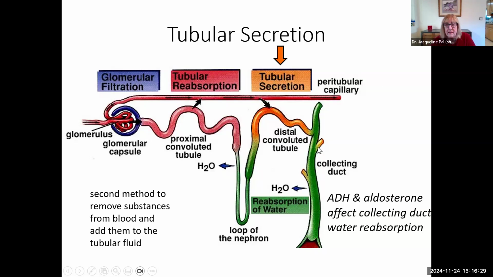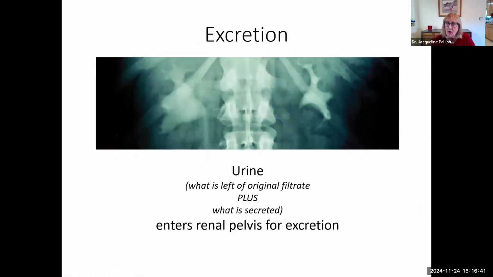Also, don't forget that ADH and aldosterone can affect the filtrate when it's in the collecting duct by changing the amount of water that is being reabsorbed there. All right. So now we have urine. And what urine is, is what was left of the original filtrate.